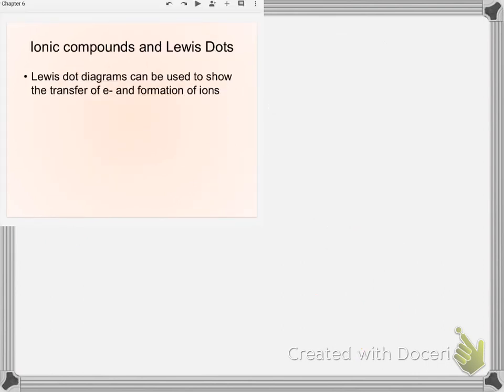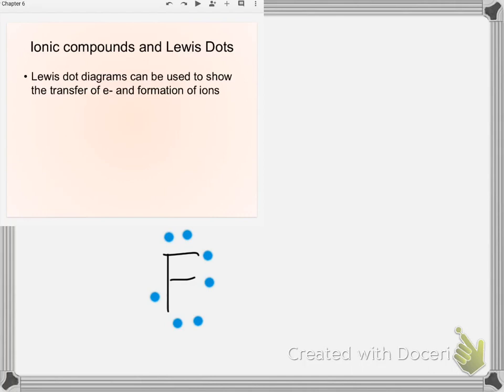Okay, now here's the cool part. Lewis dot diagrams have not abandoned us for ionic compounds. Remember that you can draw a Lewis structure for, and we're going to use fluorine because it's an easy example, a neutral fluorine atom. Okay, so we have this neutral fluorine atom. What does fluorine want to do regarding electrons?